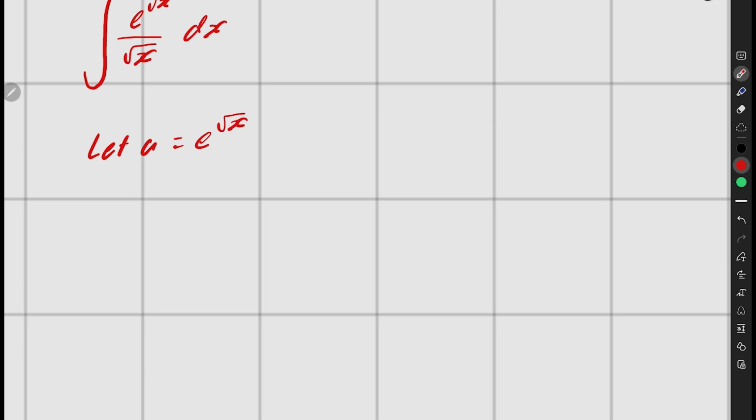We're going to find the derivative of this function. The derivative of the square root of x is going to be 1 divided by 2, a half times x to the negative a half.